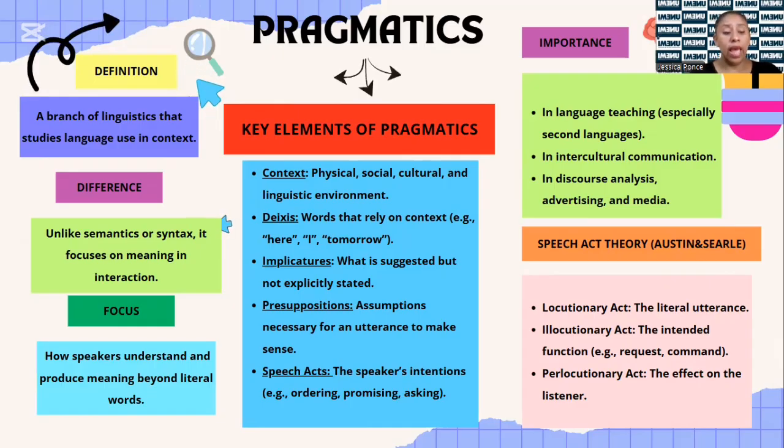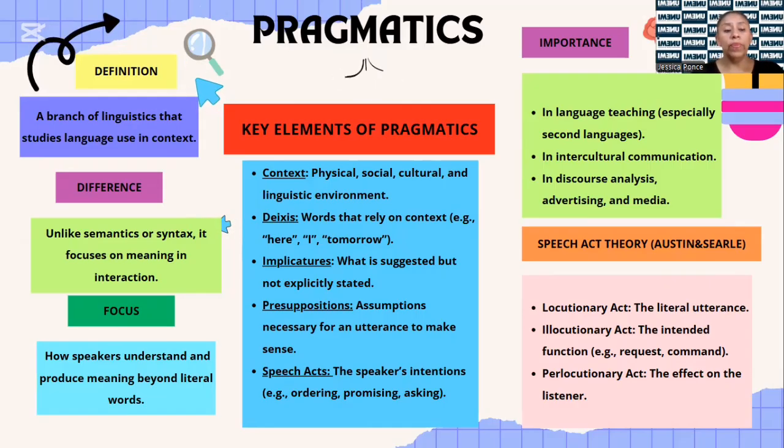Speech act pragmatics studies the performed actions, such as promising, requesting, ordering, and conversational implicature. What is implied but not explicitly stated refers to meanings that are not explicit, but are implied by the speaker based on context and conversational rules.